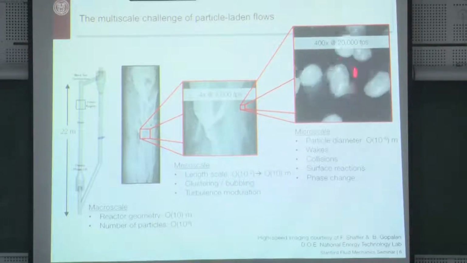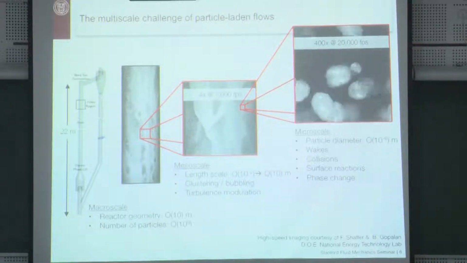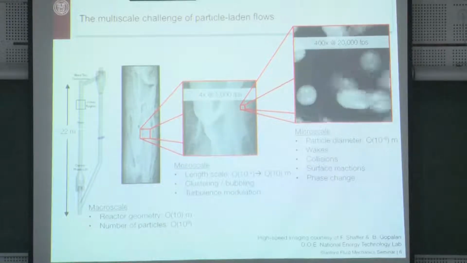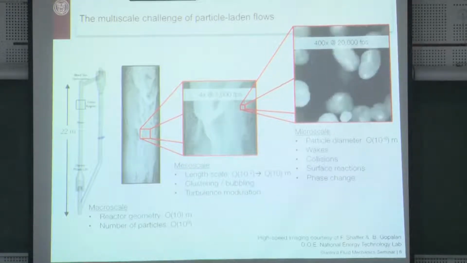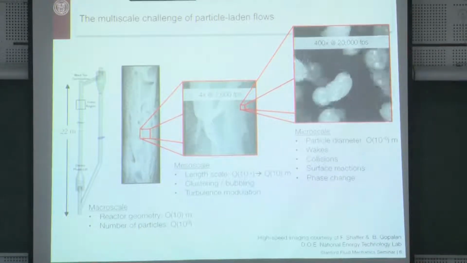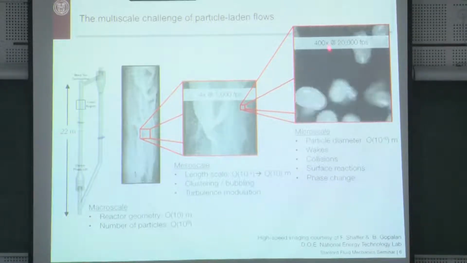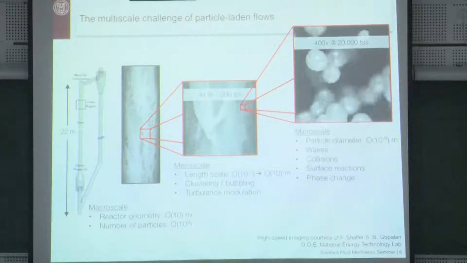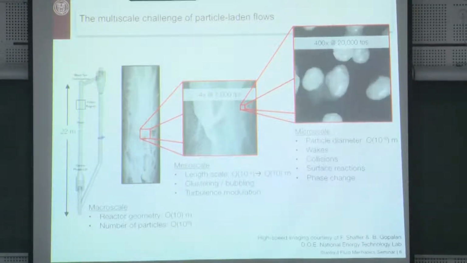Now, thinking about this problem at that scale is concretely what we're talking about when we're discussing the micro scale, the microscopic representation of this problem. This scale here is getting us to the micron, or maybe a bit more than a micron.